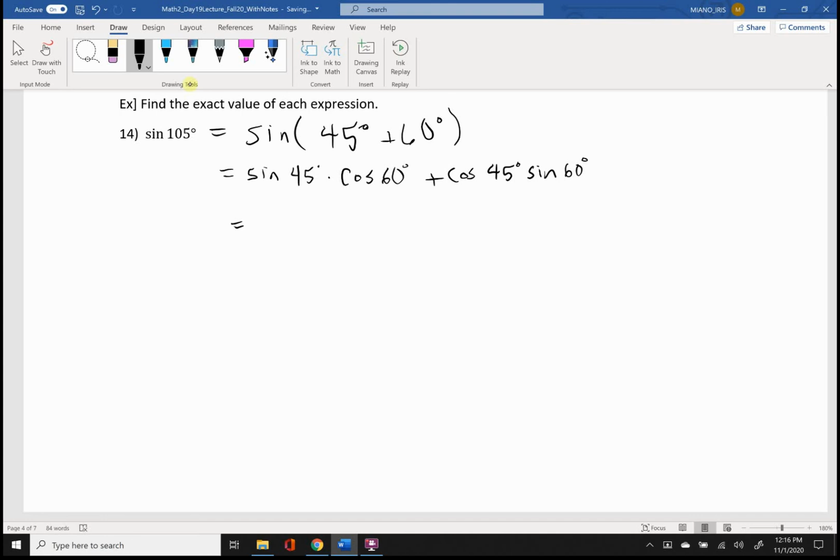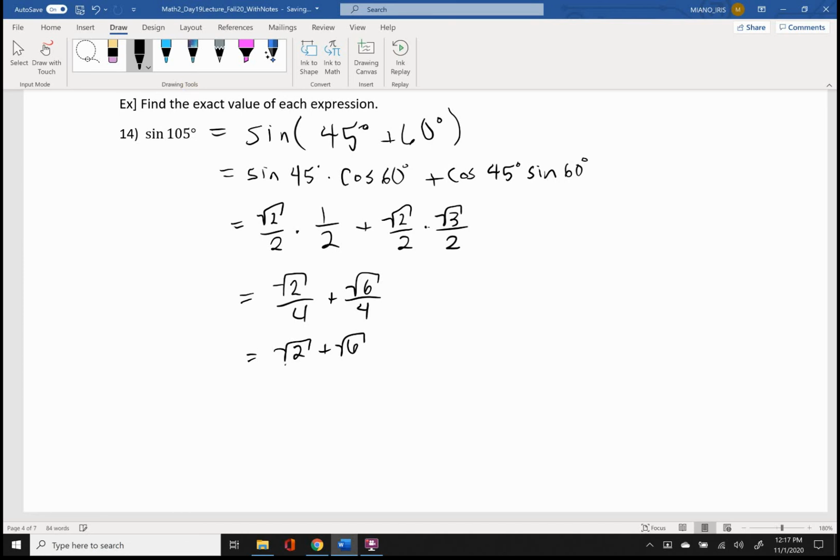The sine of 45 degrees is root 2 over 2. The cosine of 60 degrees is 1/2, plus the cosine of 45 degrees is root 2 over 2, and the sine of 60 degrees is root 3 over 2. Okay, so multiply, and you'll get root 2 over 4 plus root 6 over 4. The common denominator is cute, so you can put them all over 4: root 2 plus root 6 over 4.